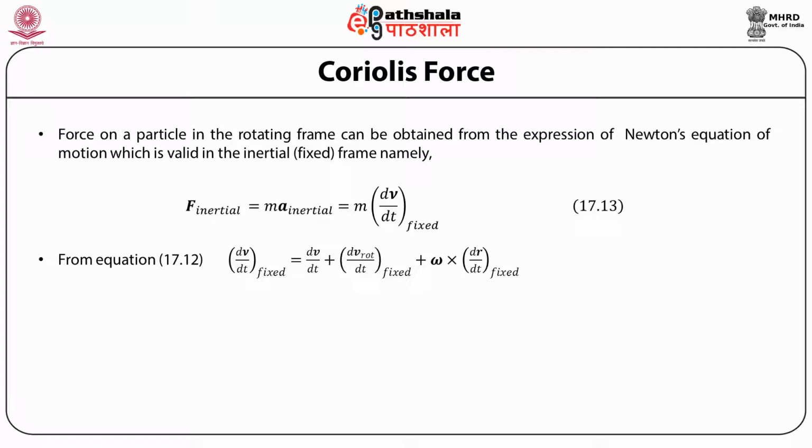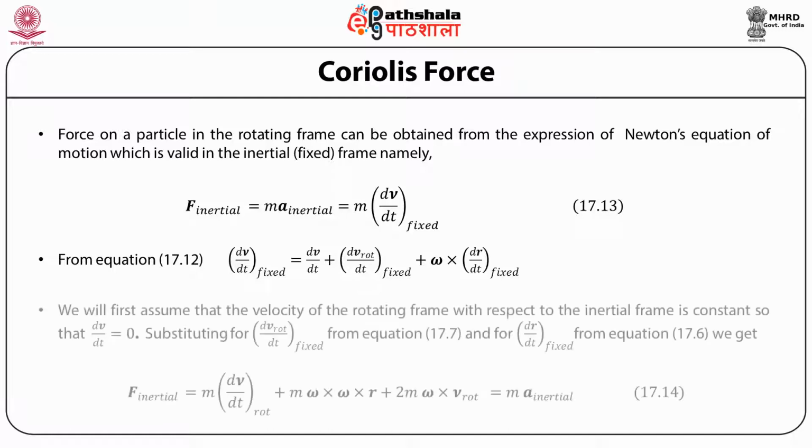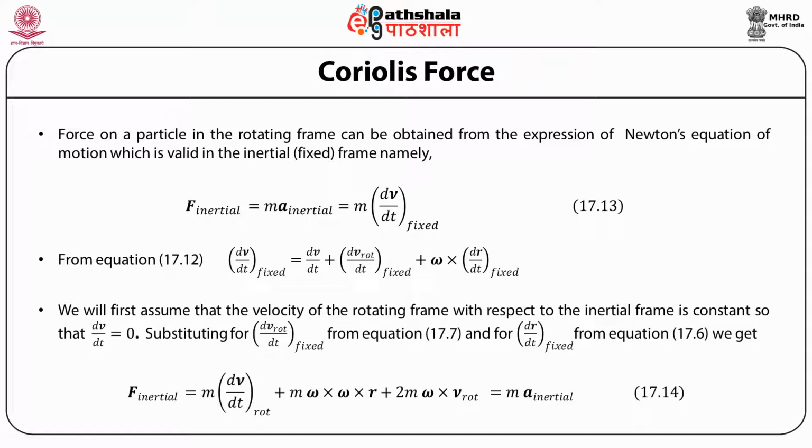Now, we have seen how the vector transforms. Therefore, dv by dt, which is a vector in the fixed frame, is equal to dV by dt plus dv rot by dt in the fixed frame plus omega cross dr by dt in the fixed frame. We will first assume that the velocity of the rotating frame with respect to the inertial frame is constant.